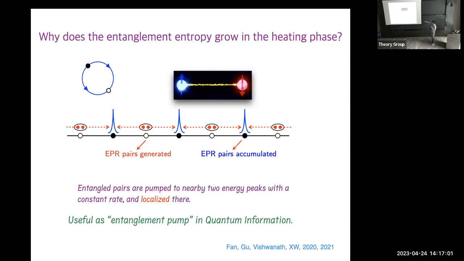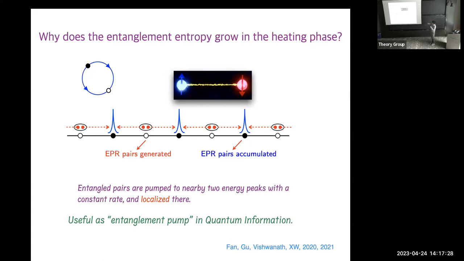In this process, as we mentioned, there are stable fixed points and unstable fixed points. For this unstable fixed point, some EPR pairs will be split with one member moving to the left peak and the other member moving to the right peak. These two peaks are entangled with each other, and this entanglement grows linearly in time.